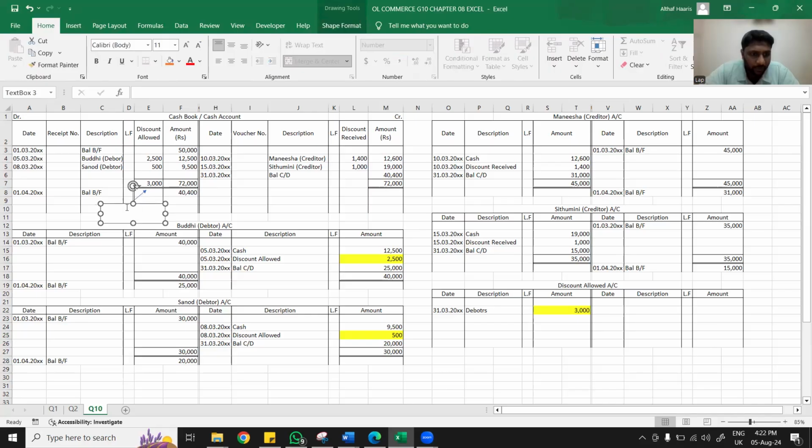So here I'll write a small note. Debit the total for discount allowed account. Credit the individual values to individual accounts.